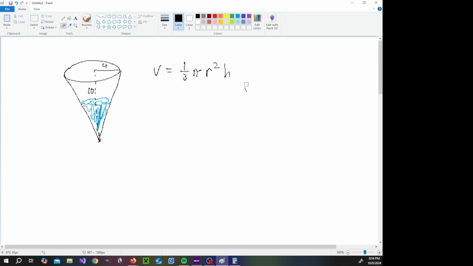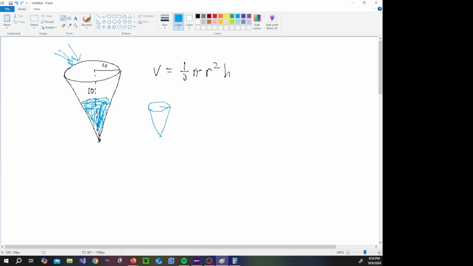Now, the idea here is that water is being pumped into the cone, right? We're filling up the cone. And it immediately goes to the bottom, which is why I draw it here. And so the water sitting inside of the cone is really making its own cone, right?